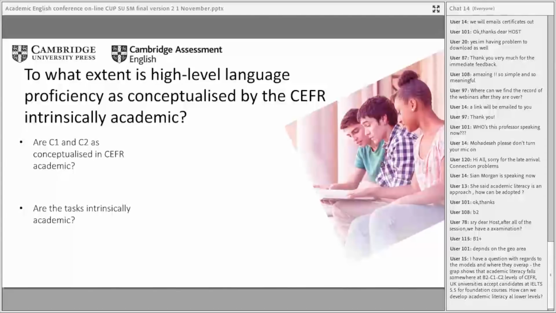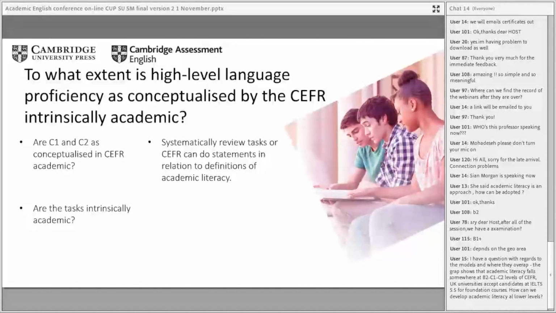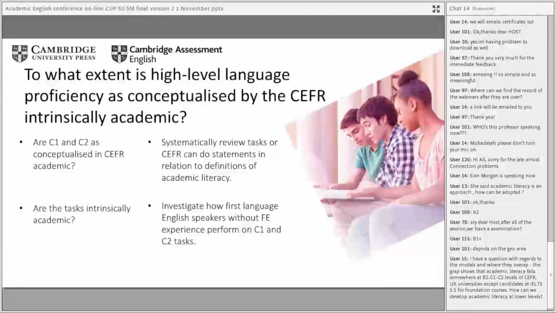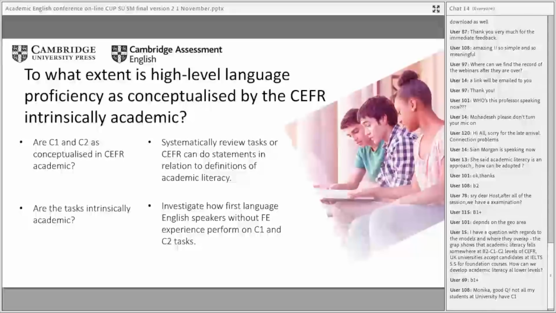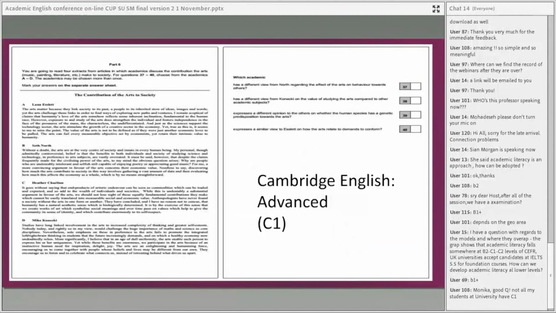The C2 descriptors for overall reading comprehension refer to the handling of abstract, structurally complex language, long complex texts, appreciating subtle distinctions of style and implicit as well as explicit meaning, whereas the C1, C2 descriptors for reading for information and argument are even more explicit: can understand in detail a wide range of lengthy, complex texts likely to be encountered in social, professional or academic life, identifying finer points of detail, including attitudes and implied as well as stated opinions.